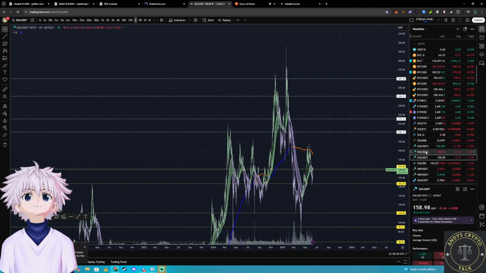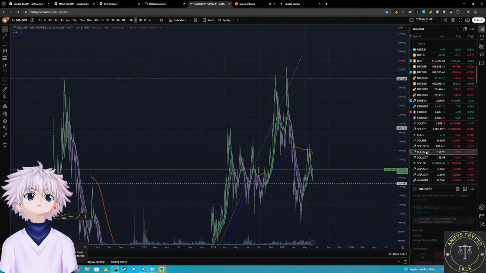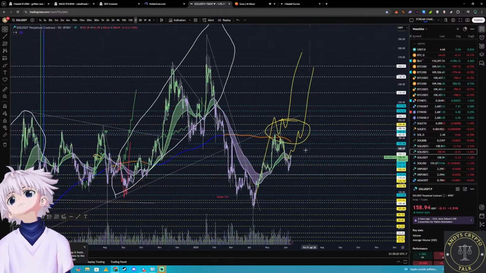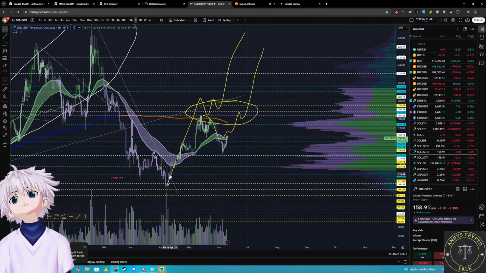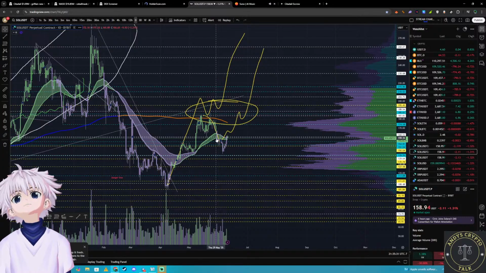I might have done some Sol/USD charting. There we go. So yeah, I anticipated that we move up and then continue moving up, or a little dip back down and then continue moving up. We dipped just a little lower than where it was anticipated.